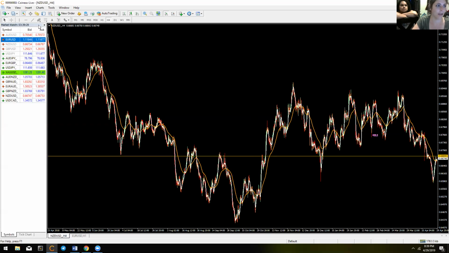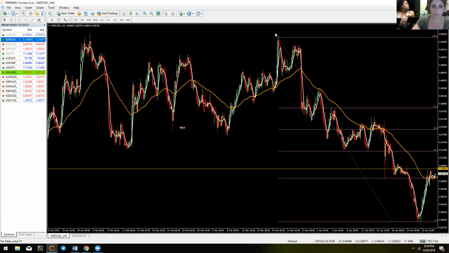Okay, so on this one, you can take it from the high to the low, but it has to be at a major resistance zone. It has to be on a major support zone. So this is resistance right here. Right here, this is support. So this is a major zone, so it's looking for a reversal. Hold on a second.